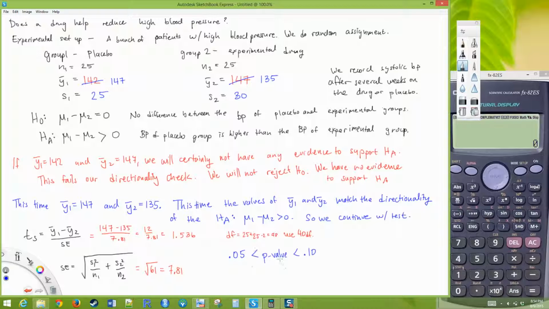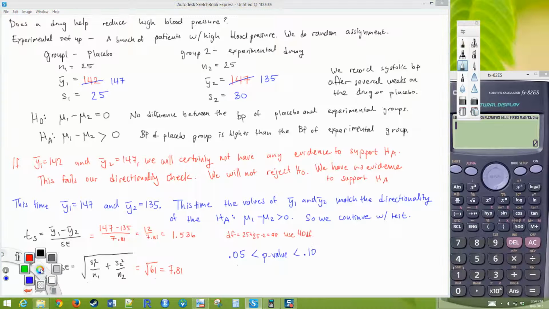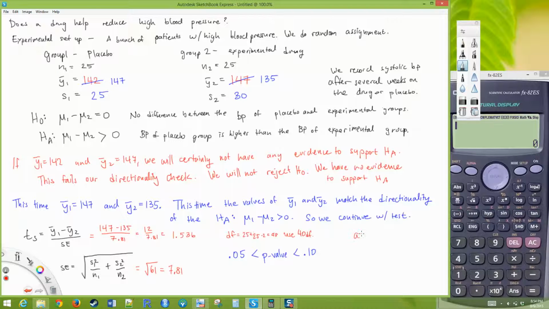Is that good with everybody? Let's say, because alpha is not specified, we will assume alpha is 0.05. So what do I conclude? What is my decision? Yeah, my p-value is greater than alpha.